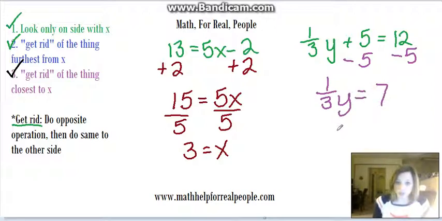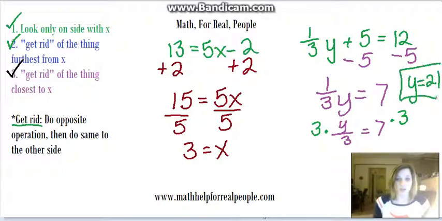Now this looks different. Now remember, if you have 1/3 y, it's the same as saying y over 3 equals 7. Okay, so y over 3 equals 7, and you just do the same thing. If it's being divided, you multiply. And you get y equals 21. And plug it in and check it.